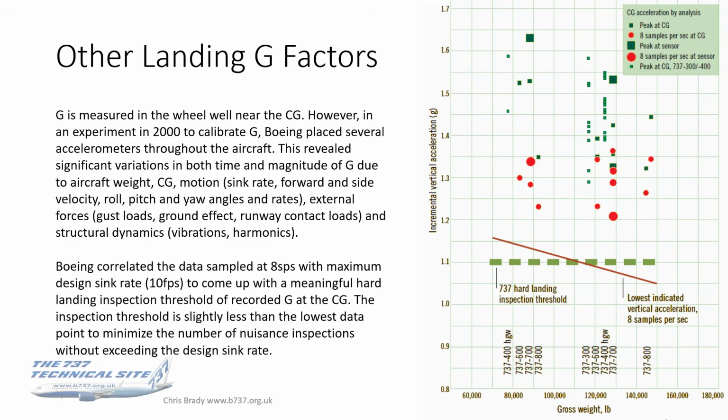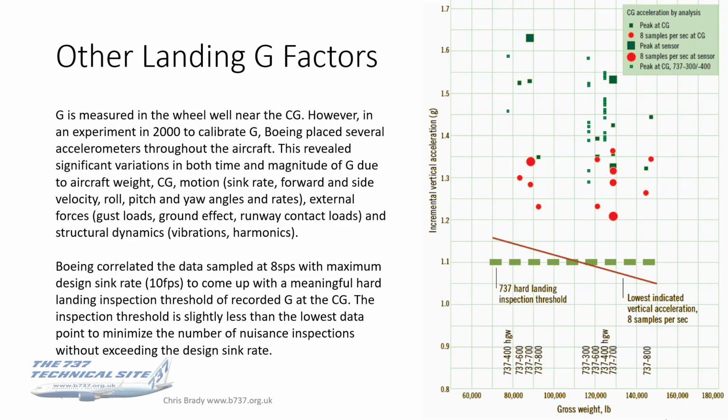So the graphic on the right, which I concede is quite difficult to follow, but that was the one they issued, shows that the tests were done on all 737 models that were current at the time. So unfortunately the 900 was not on the list. And what they did was they correlated this data, sampled at 8 samples per second, with the maximum design sink rate, which is 10 feet per second.